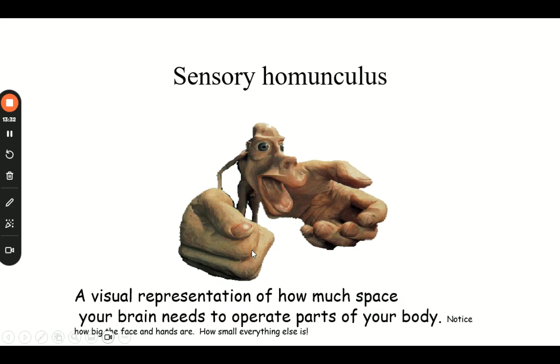Your motor cortex and your sensory cortex dedicate more space to what is big on this: hands, lips, eyes. We have pretty good eyes as humans. Not the greatest. Birds have better eyes, but we have pretty good eyes. Now, if it's small, then the brain doesn't dedicate much space, like the elbow.